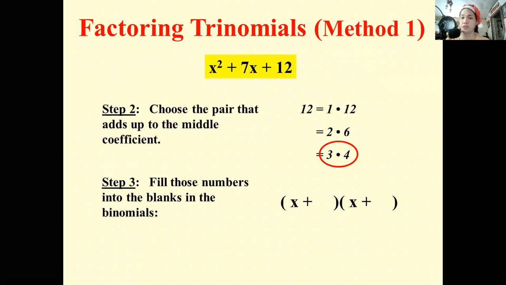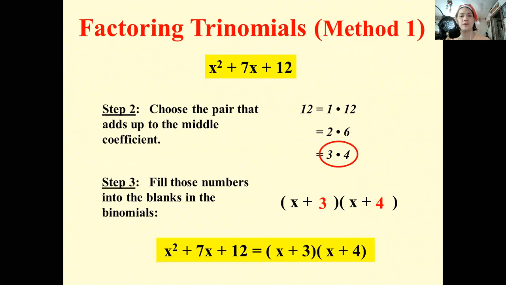So we have x plus 3 and x plus 4. These are the factors. Very easy, right? This is only intended for a equal to 1. Therefore, the factors of x squared plus 7x plus 12 are x plus 3 and x plus 4.